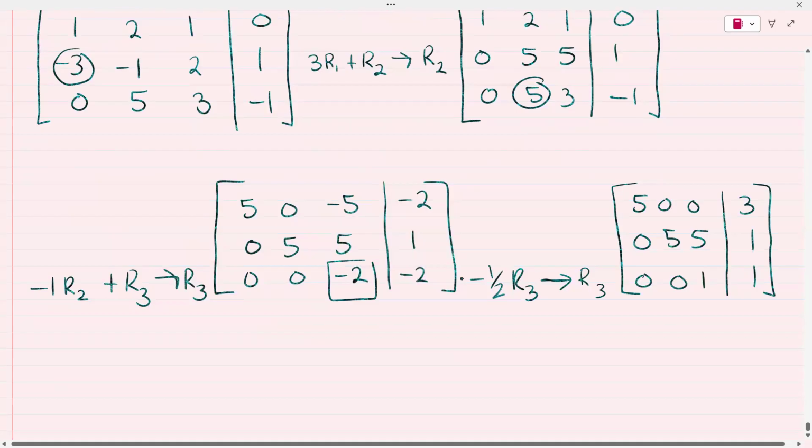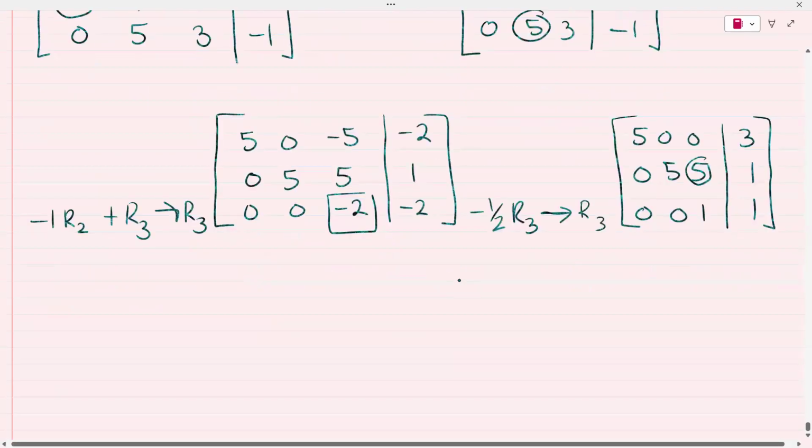Okay, next, what would I do? Maybe make this 5 into a 0. How would I do that?